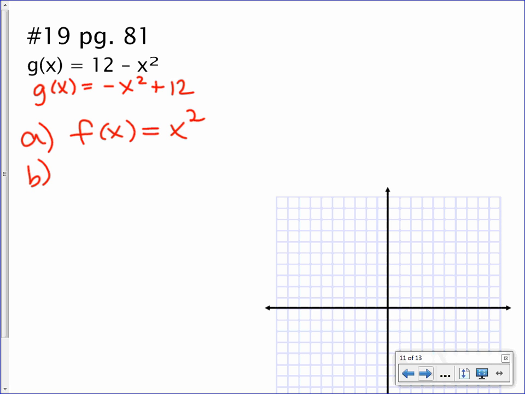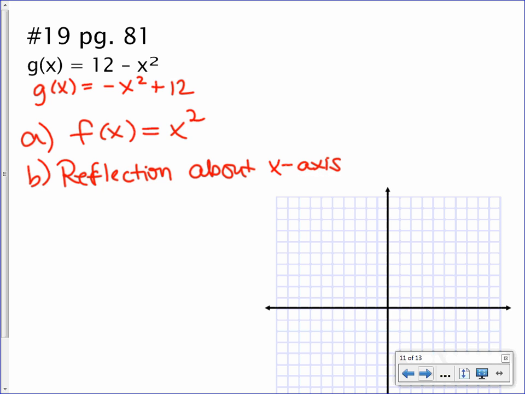The second part is to verbalize those transformations. Okay? So first of all, what is this negative doing? A reflection about what? About the y-axis? Do you agree? Is it on the inside or outside? Negative. From the outside, isn't it? So it's a reflection over the x-axis.